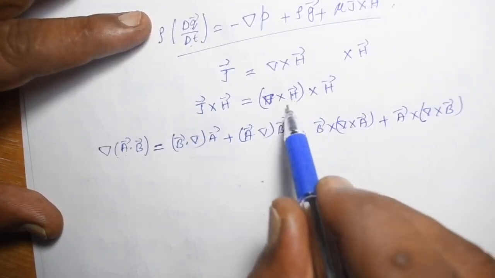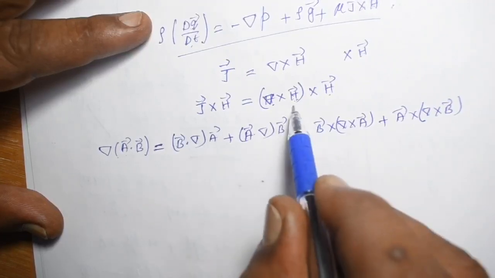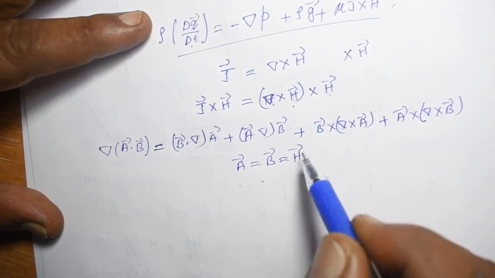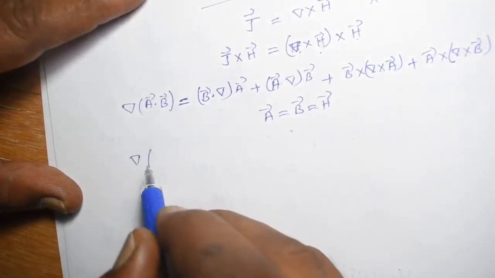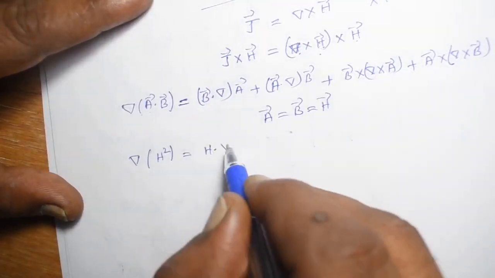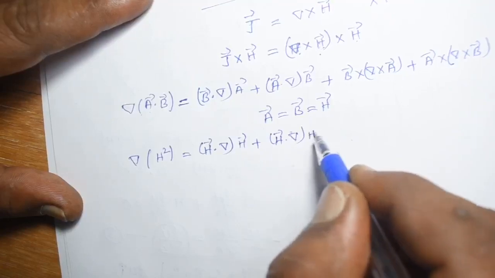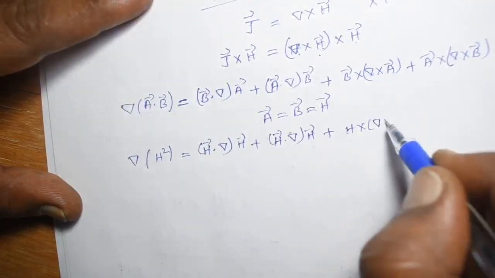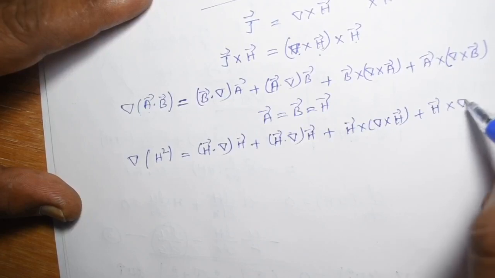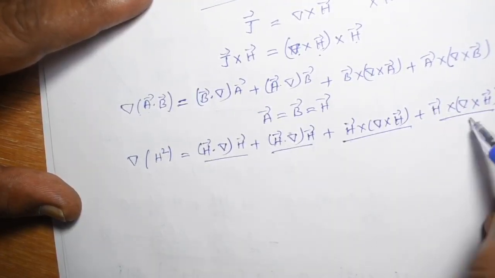Here, in both the A and B places we can have H, so replace A as well as B by the magnetic field vector H. Now this equation becomes gradient of H dot H, which is H squared, equal to H dot del of H plus H dot del of H plus H cross del cross H plus H cross del cross H. There are two pairs of equal terms.